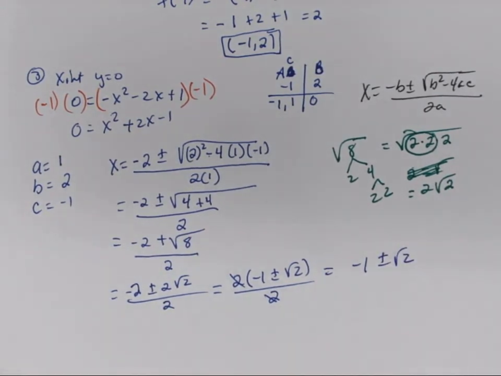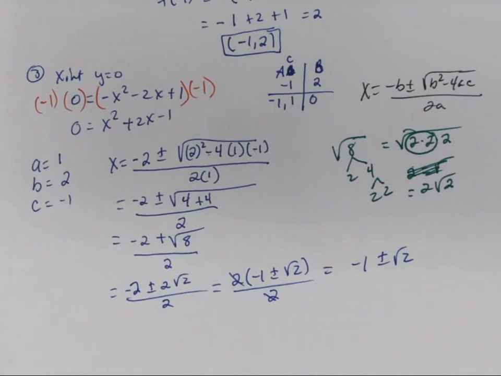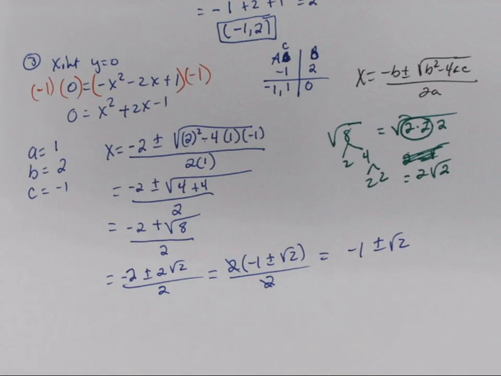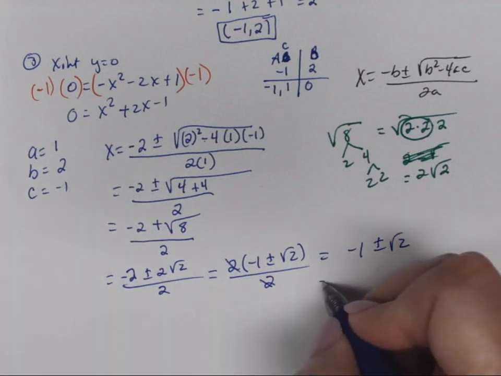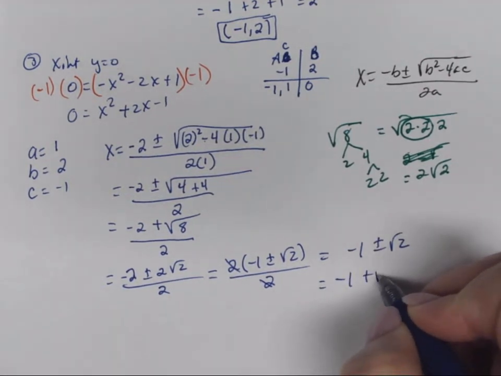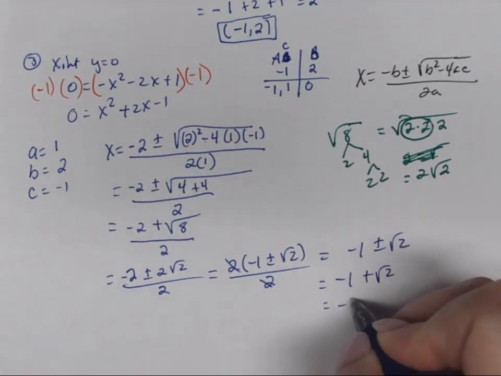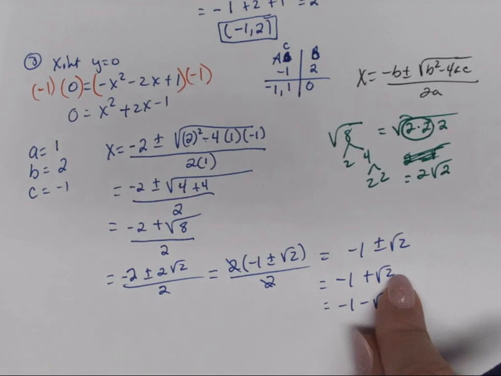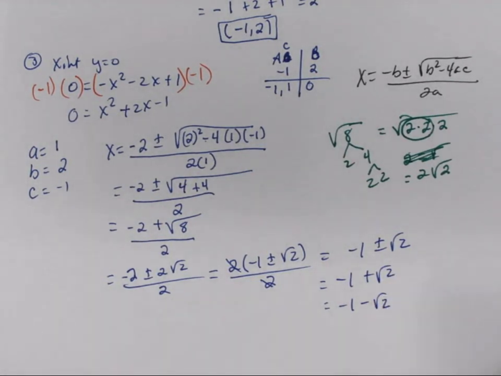So what does that mean? Because we were looking for the x-intercepts. And what do we do with that? Well, we're going to have to put that in a calculator to get an answer. Remember, though, you're looking for 2 answers, negative 1 plus the square root of 2 and negative 1 minus the square root of 2. Well, square root of 2 actually equals 1.4.